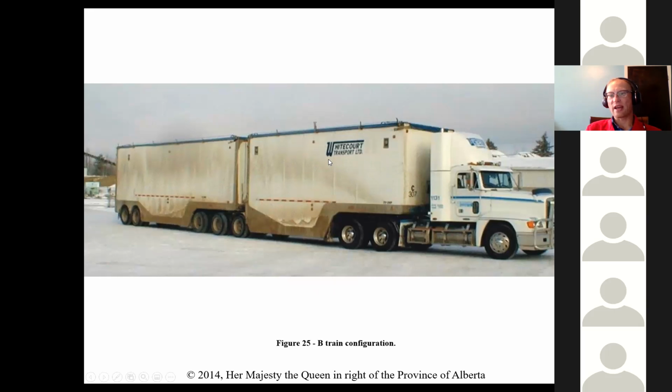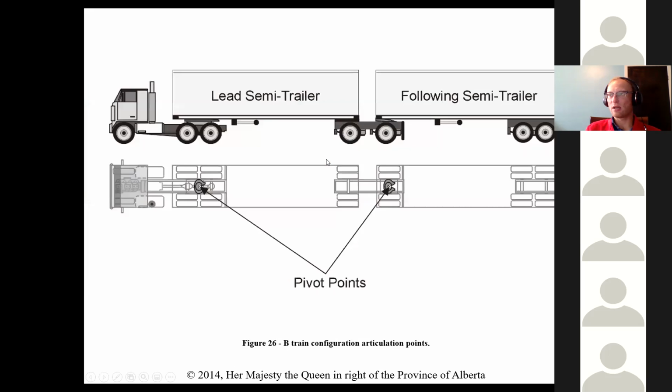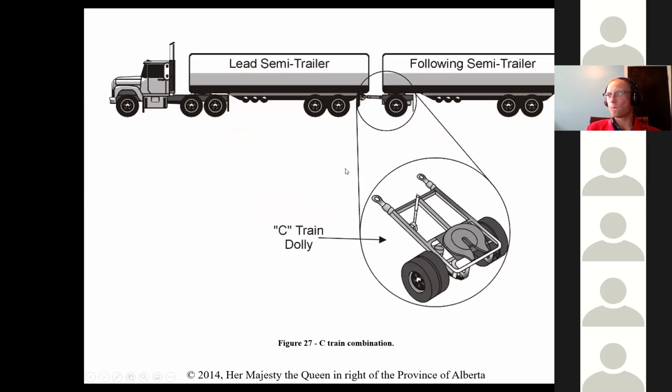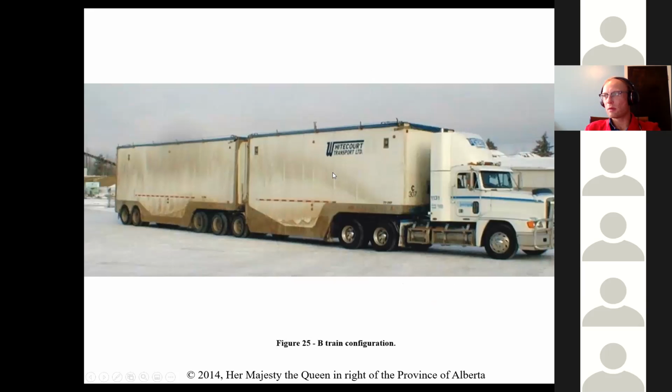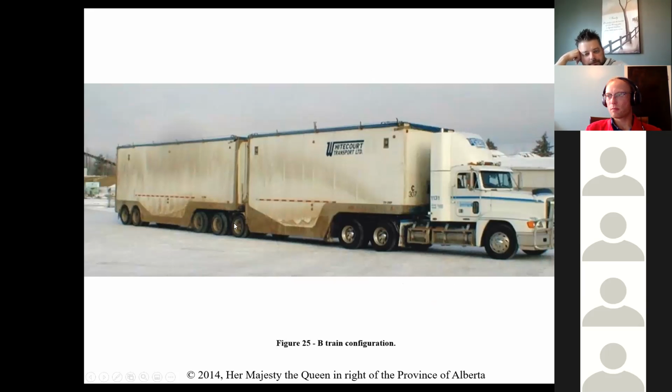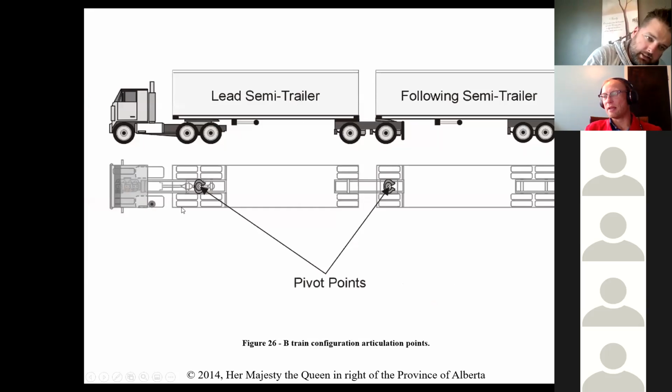From what I understand, the difference between a B train and a Super B is the amount of wheels here. Super B has a tridem on the bridge. Yes, so this is a Super B, and this would be a B train. King B is tridem.